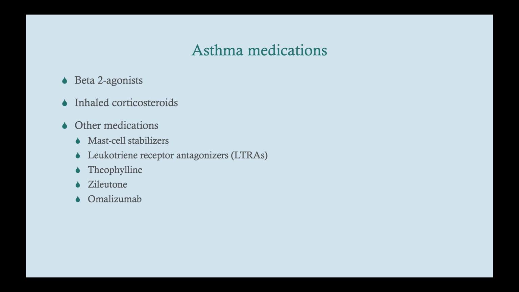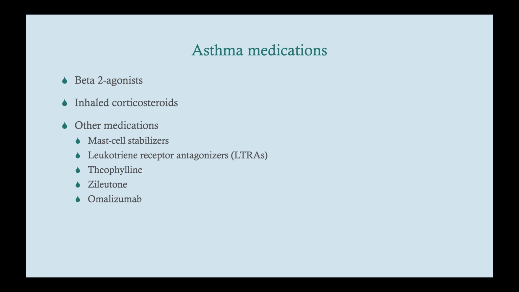So here are asthma medications. The big ones are the beta-2 agonists, both short-acting and long-acting, the inhaled corticosteroids, which vary by dose, and then other medications, including mast cell stabilizers, leukotriene receptor antagonists. That would be like Montelukast or Singulair, theophylline, Xolair, and omalizumab.